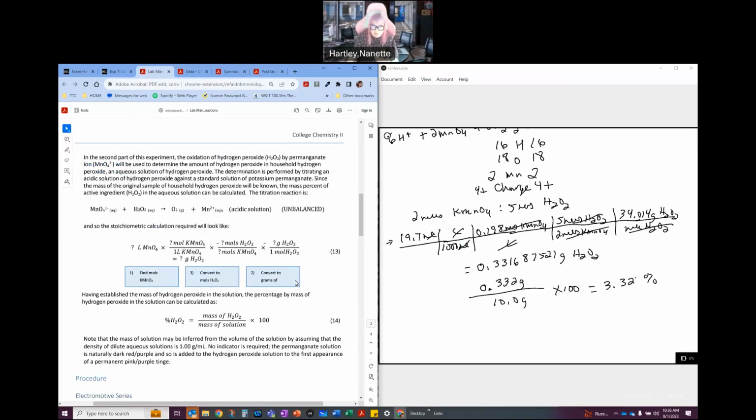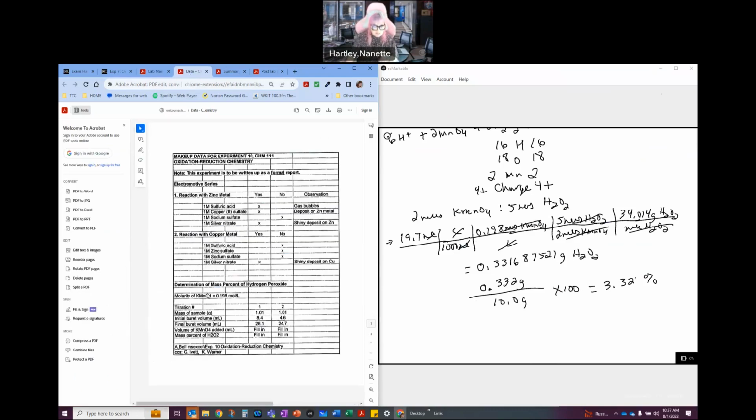And I leave this because I need you to understand that if you make a mistake in recording something like this, you get funky numbers, and that's because there was a mistake. So this concentration, the molarity that's right here, should be 0.0198. And then we would get a 3% solution from our dilution.